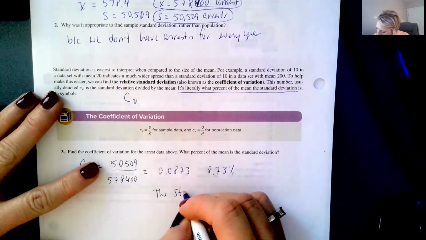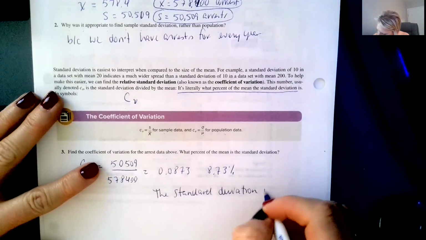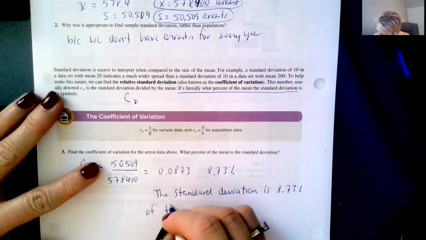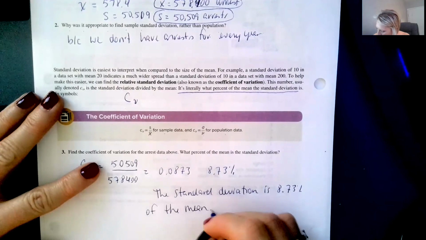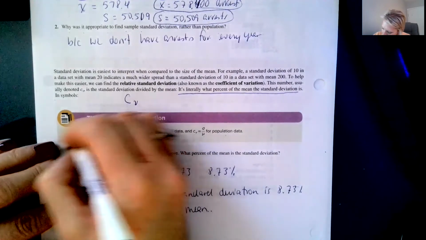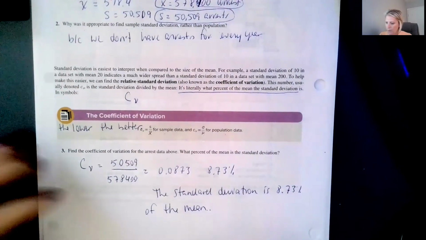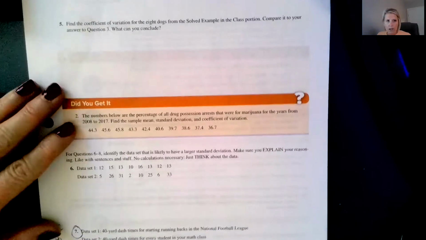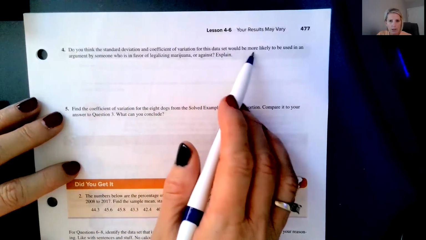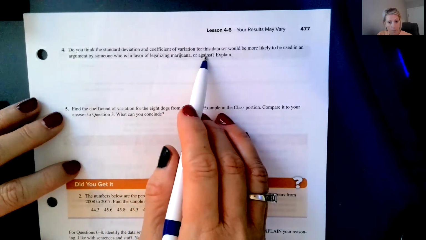The standard deviation is 8.73% of the mean. We want this low. The lower, the better. Okay, we want this to be low. Do you think the standard deviation and coefficient of variation for this data set would be more likely to be used in an argument by someone who's in favor of legalizing marijuana or against?